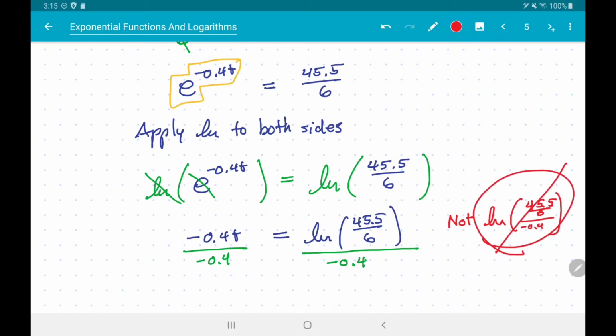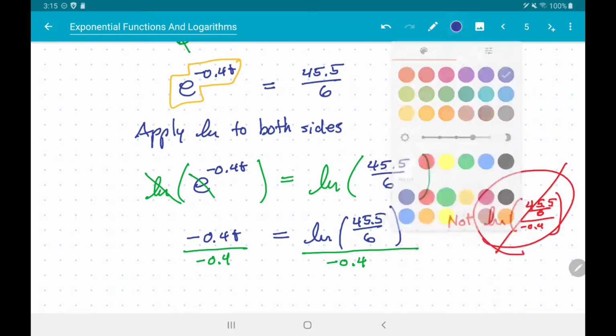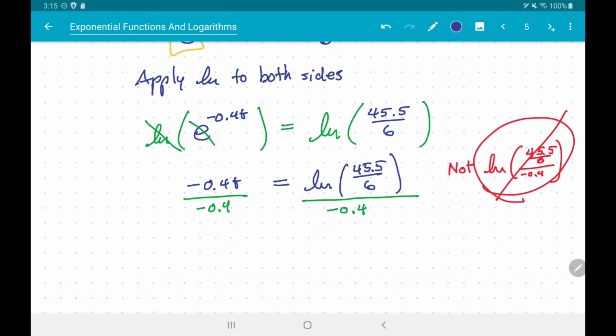The result of the logarithm has to be divided by negative 0.4. Okay, so that leaves us with t equals ln of 45.5 over 6, whole thing divided by negative 0.4.